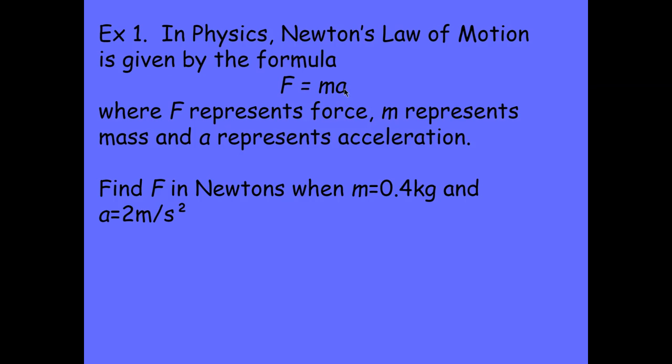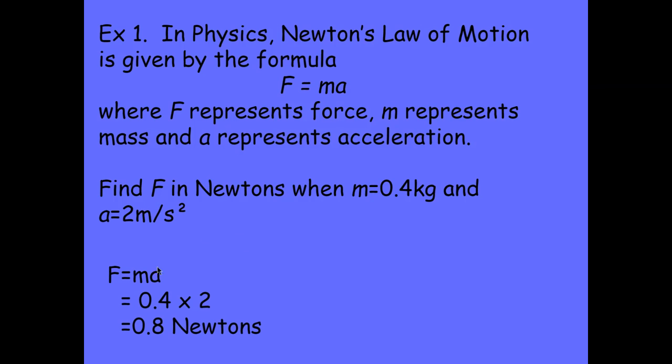So it doesn't matter even if you don't understand any of this, all you have to look for is the formula and the values that you're going to replace these letters by. So we've got a substitution for m, and a substitution for a.